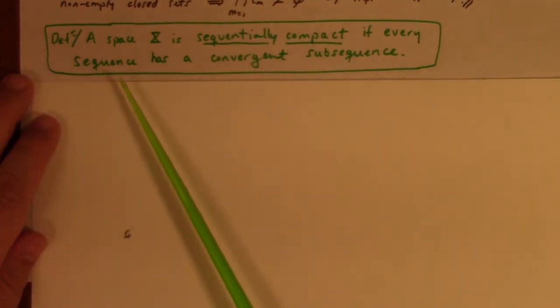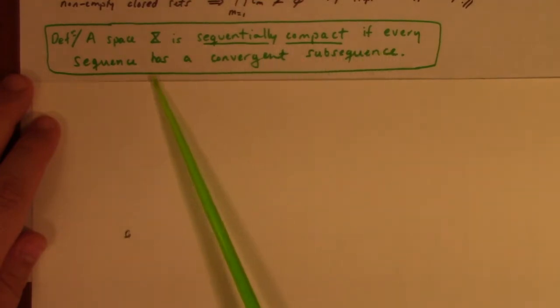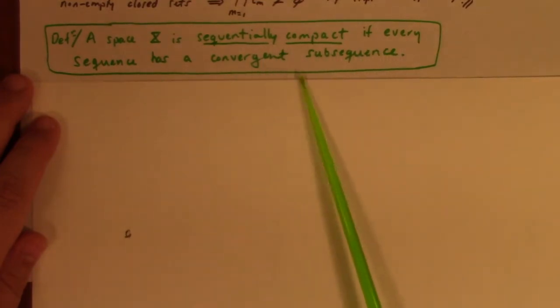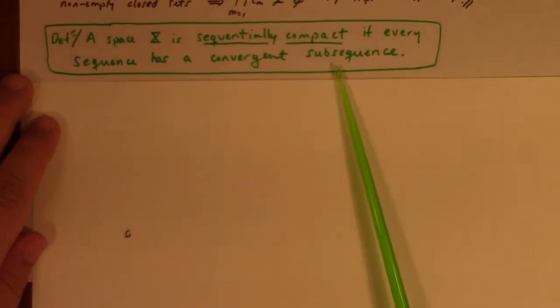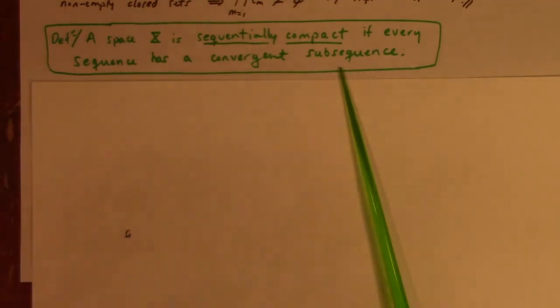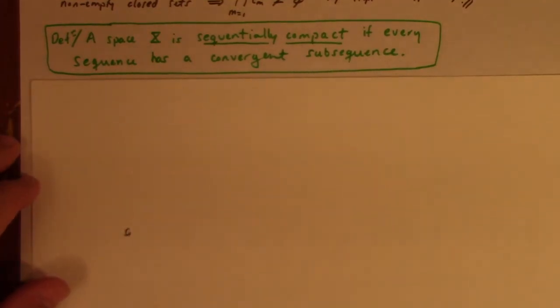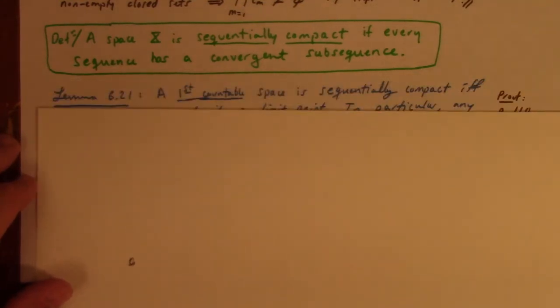A space X is sequentially compact if every sequence has a convergent subsequence. And so again, this is the definition of compact you might see in an analysis class, if you're using sequences as your basic means of analysis of sets, right?